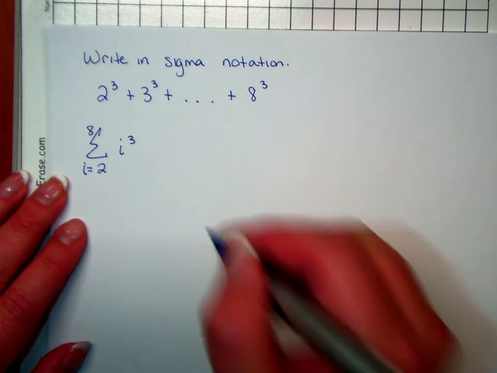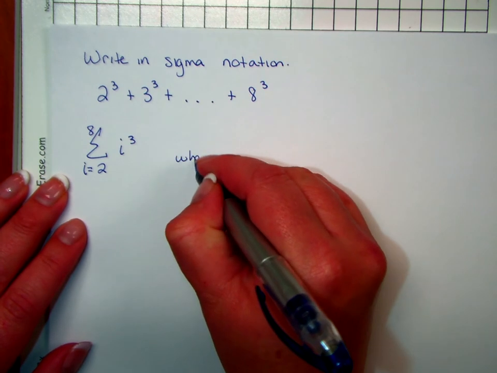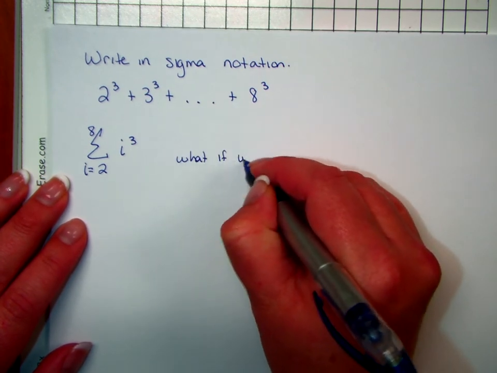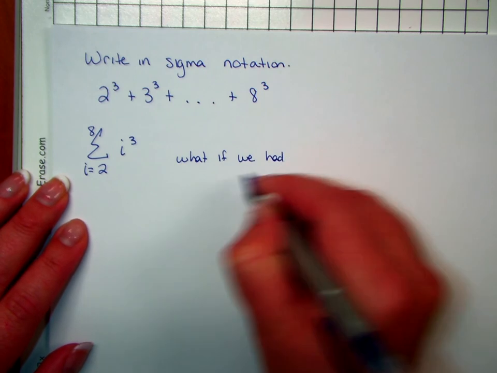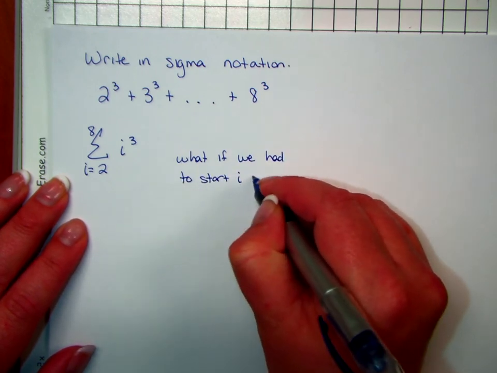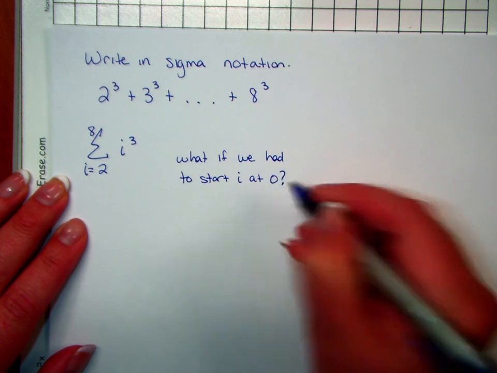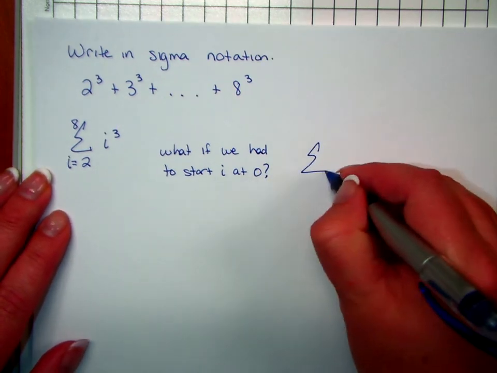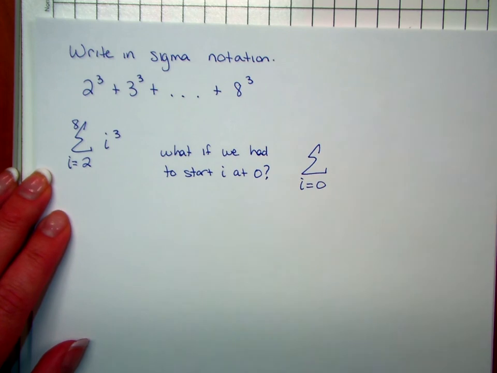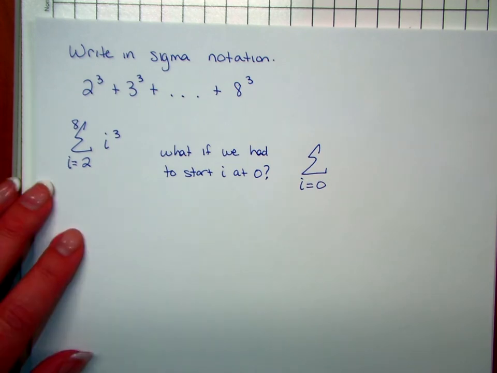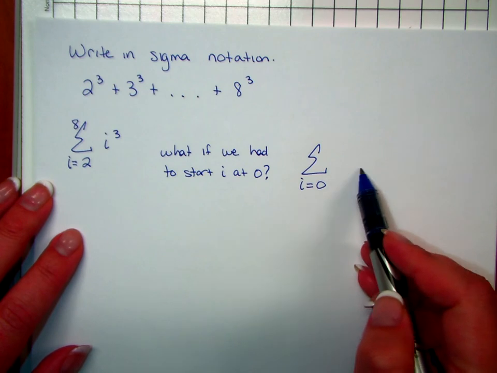So what if we had to start I at 0? So now we're going to start our I summation at 0. Where do we end? And what is our argument now?